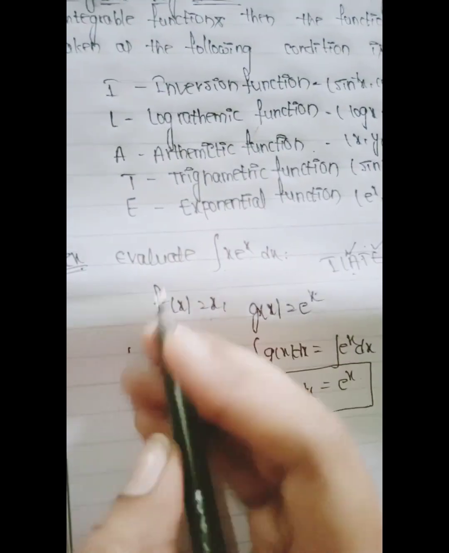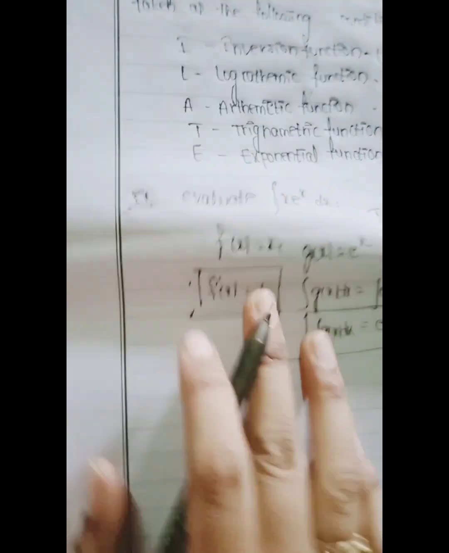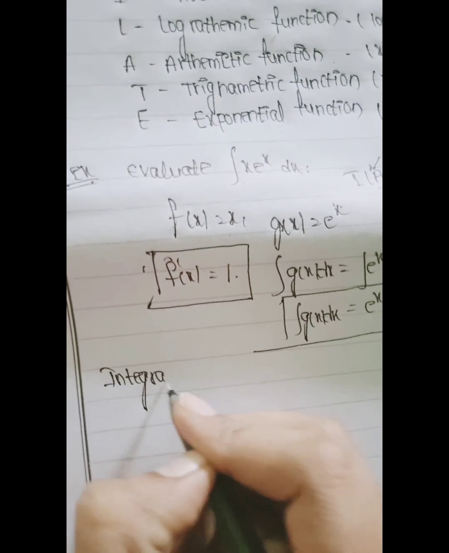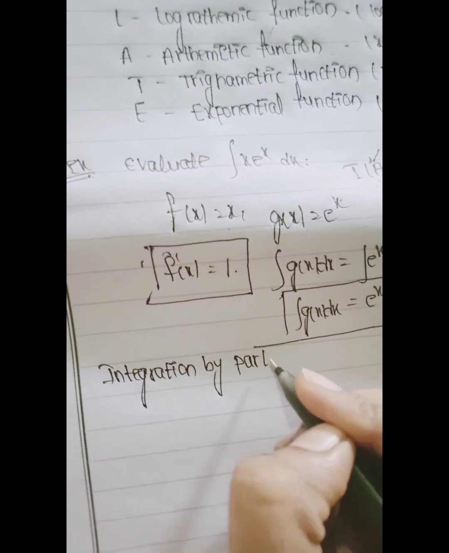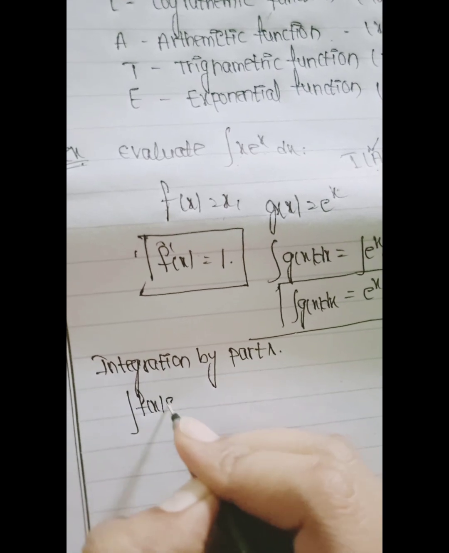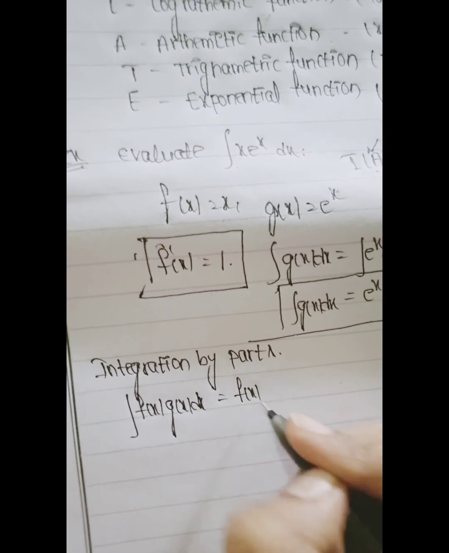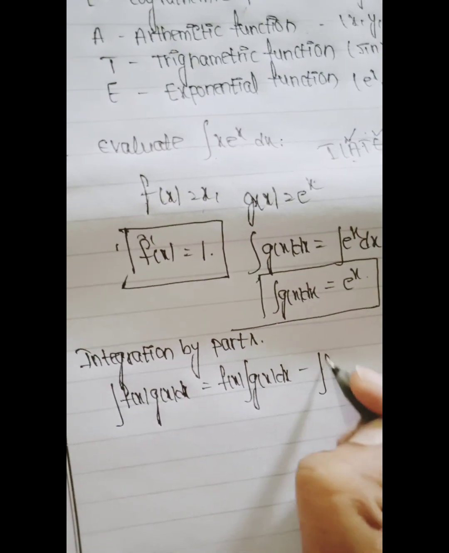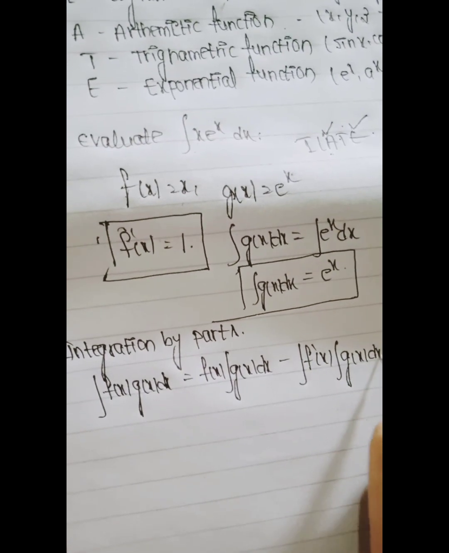We know the formula for integration by parts: integral f of x g of x dx is equal to f of x integral g of x dx minus integral of f dash of x into integral g of x dx, whole dx, plus c.